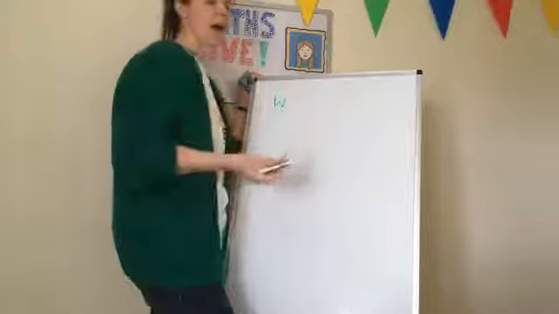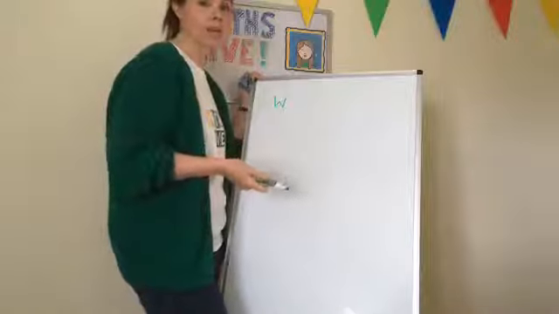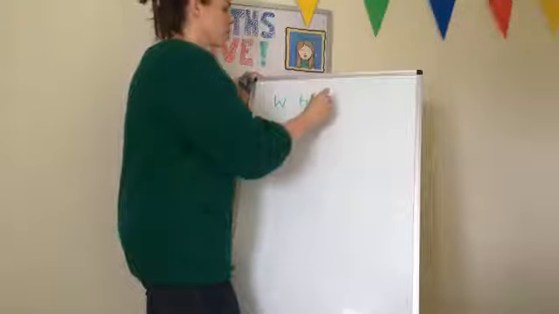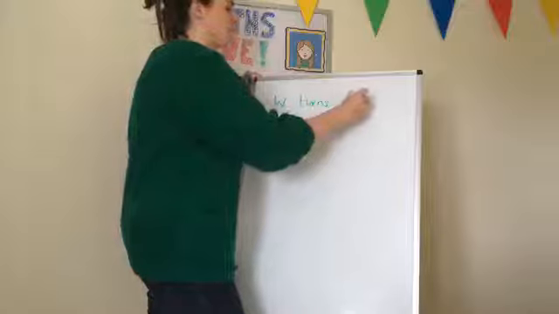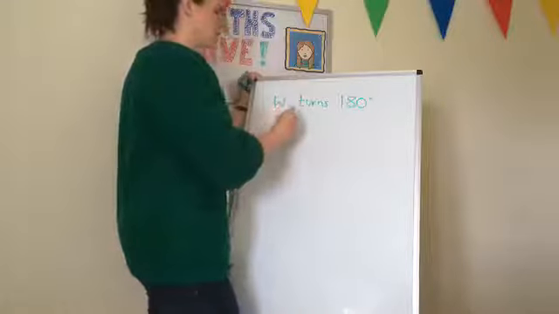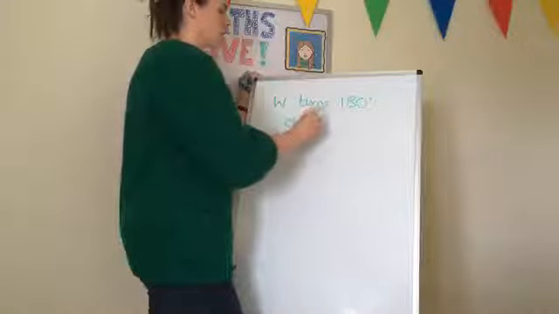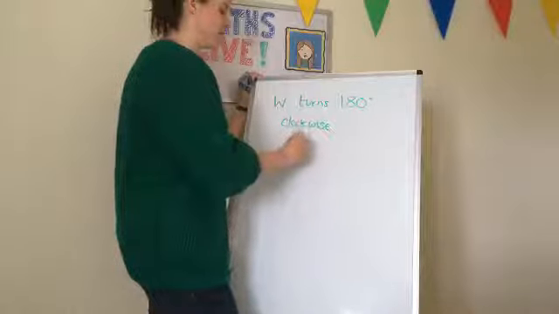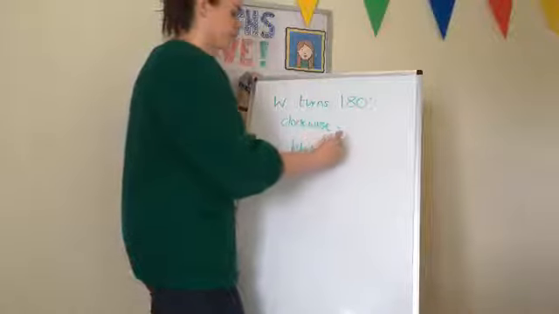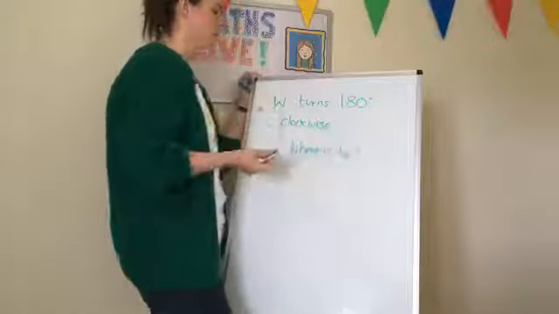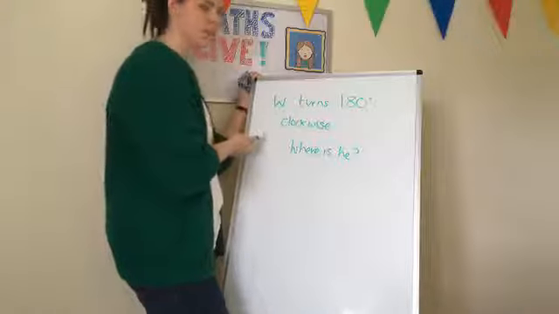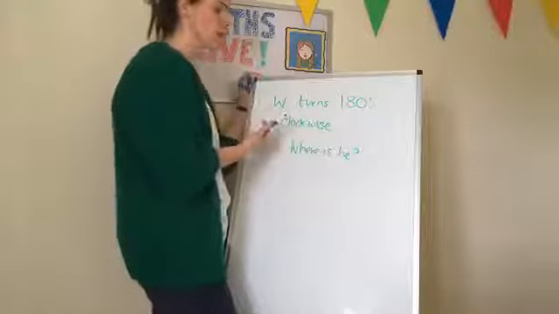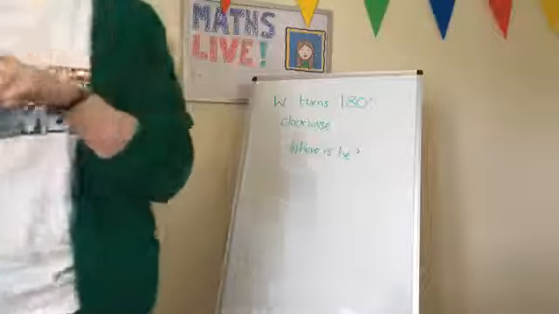And he hears a noise behind him, so he turns 180 degrees clockwise. Where is he facing? So Jack's facing west, he's gardening, he hears a noise, so he turns 180 degrees clockwise. Where is he? Let's see if I can get some answers up.